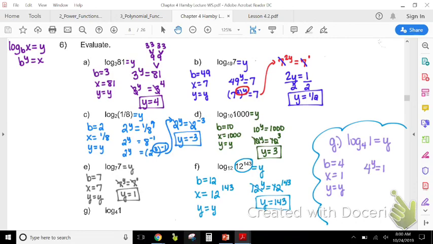Well, 4 is my bigger base, so can I take it down to a base of 1? I can't. Oh no. Alright, I can't, but this has a special rule. Remember, there's something that we can raise anything to, and our answer will always be 1. 0. So this is one of those you're just going to have to recognize, guys, that exponent has to be 0.